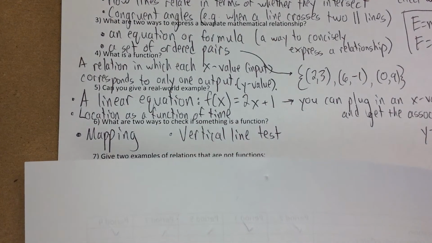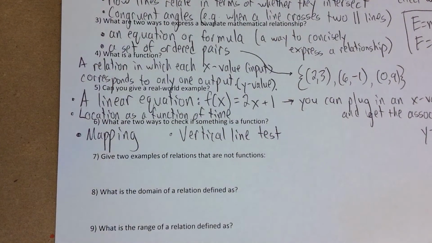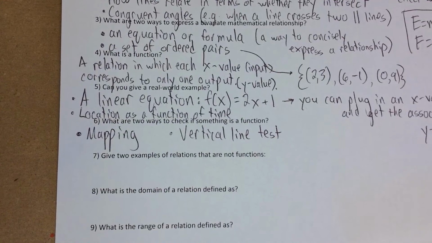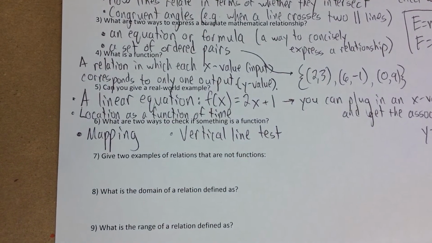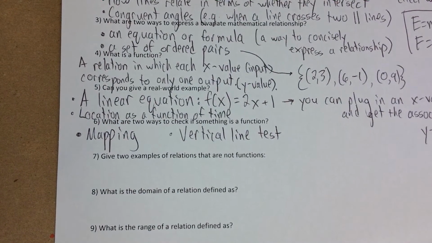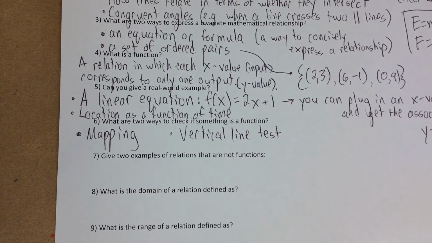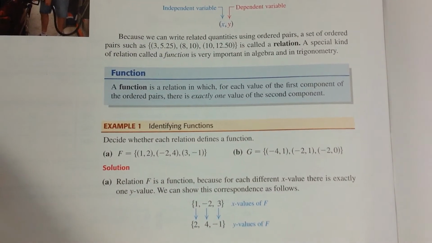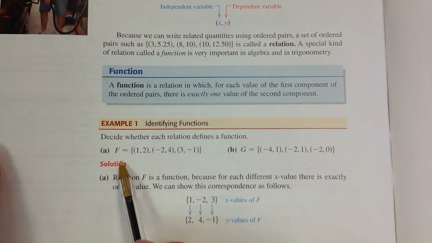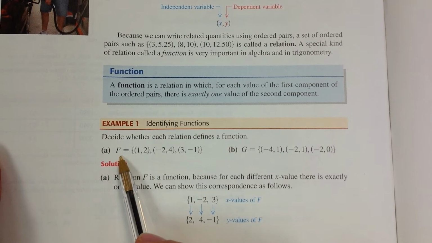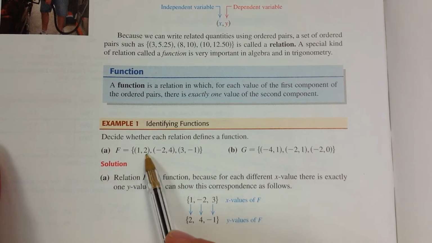So, let me use an example from the book. This is a mathematical relation. It's very simple. 1 is associated with 2.